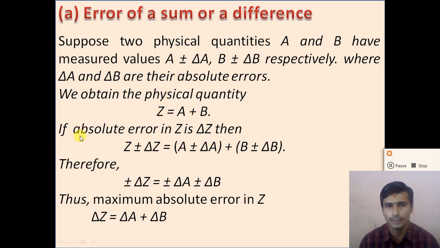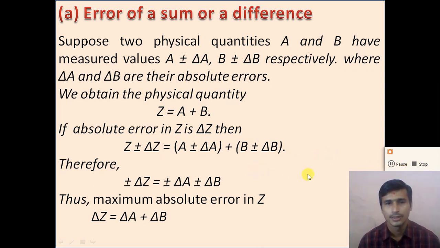If the average absolute error in Z is delta Z, then we can write Z plus minus delta Z is equal to A plus minus delta A plus B plus minus delta B.